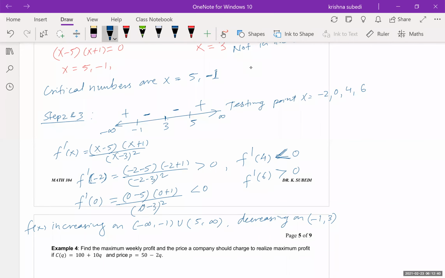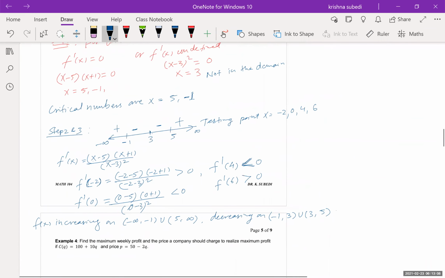Some people write that it's decreasing all the way from -1 to 5. People sometimes write this one in the exam, which is actually wrong, because then you are including 3 as well, but 3 is not in the domain, so you cannot include that point. So you must write -1 to 3 and 3 to 5. That's where the function is decreasing.